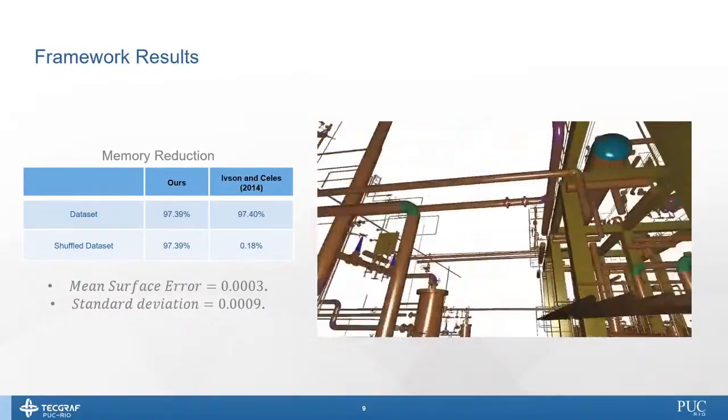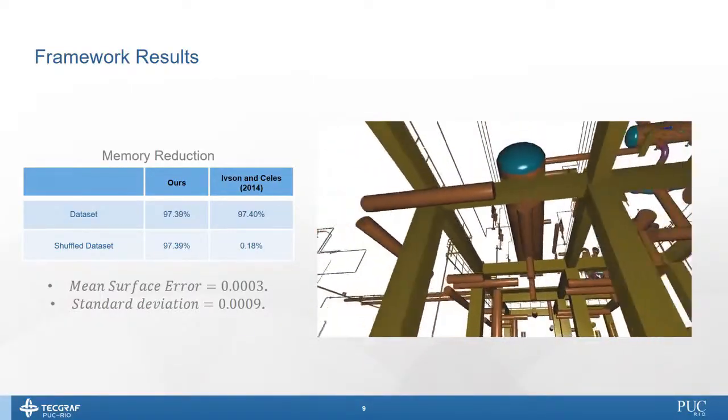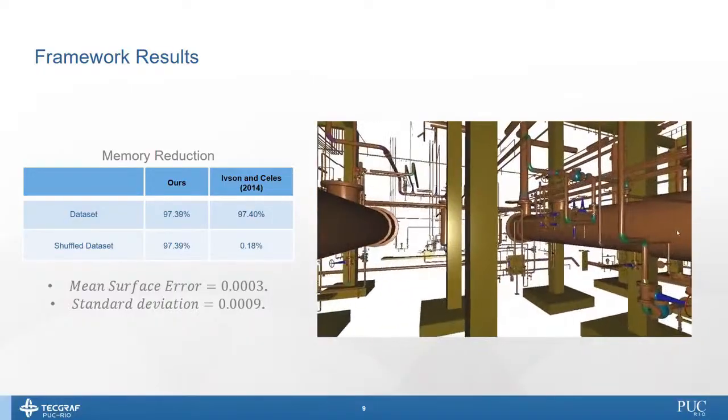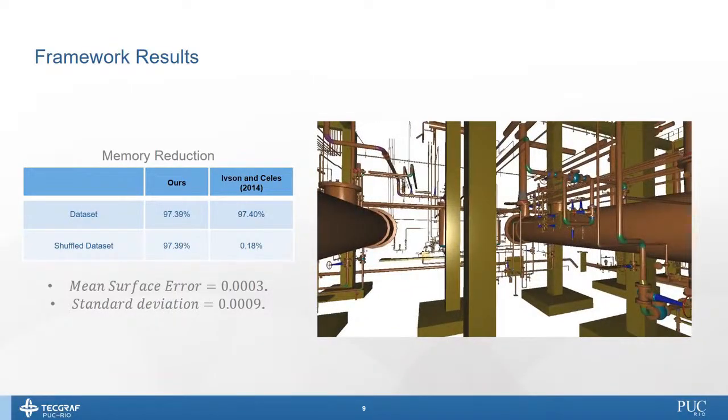However, when shuffling the dataset, since the triangle meshes can have different triangulations due to different modeling techniques, we still maintain the same memory reduction, while the Iveson and Celis work performs poorly, since it is very topology dependent.